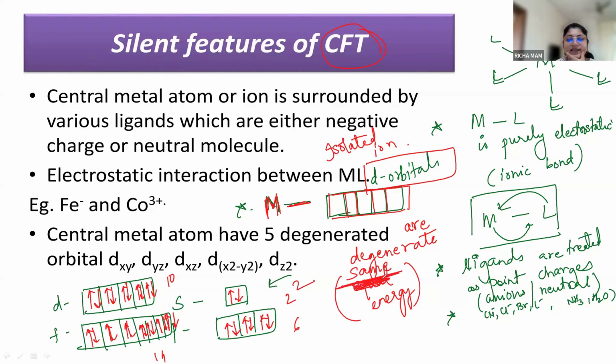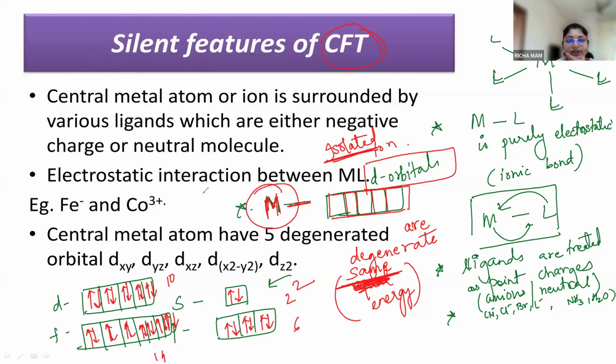Degenerate means all the orbitals have the same energy. What do you mean by isolated? When it does not come in contact with a ligand, till then it will be isolated.